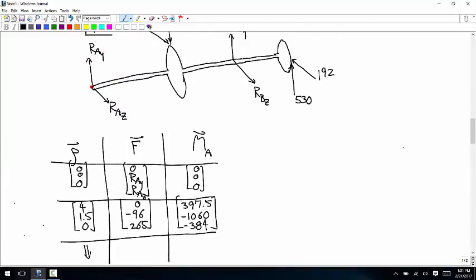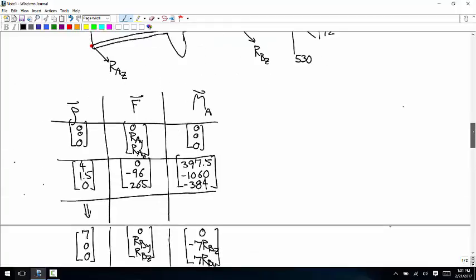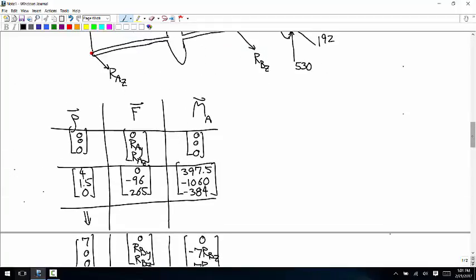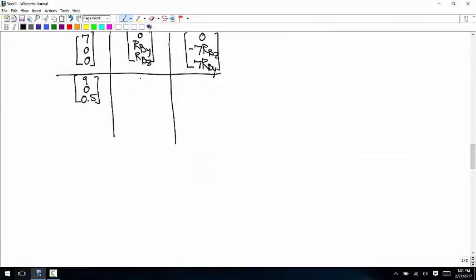The force vector is 0, positive 530, negative 192.